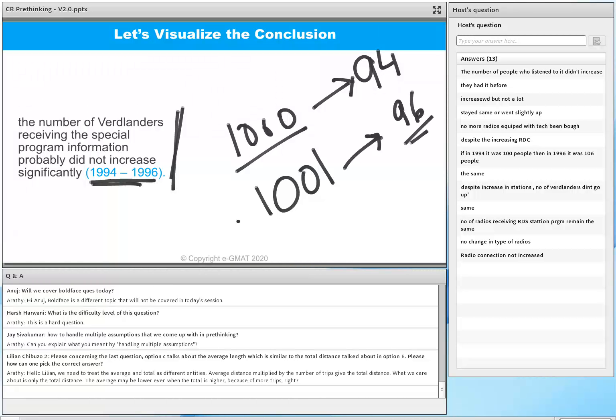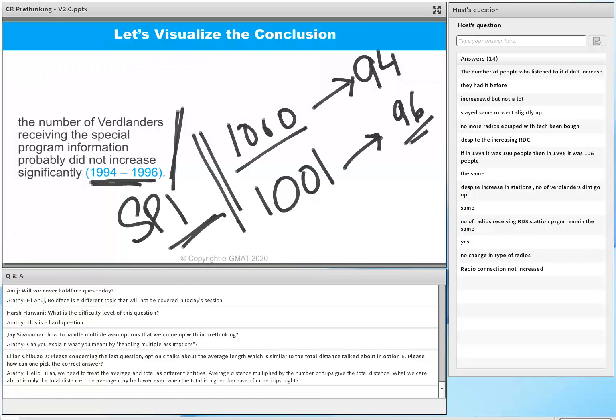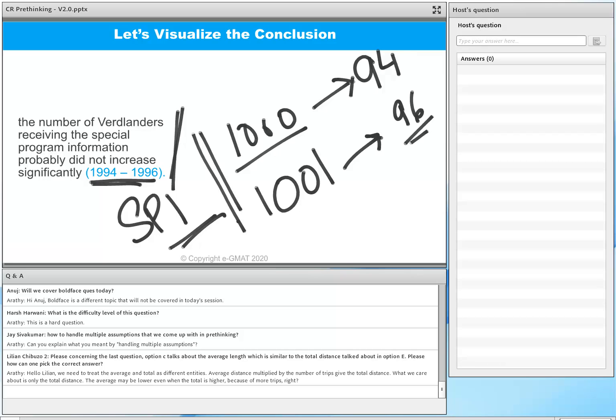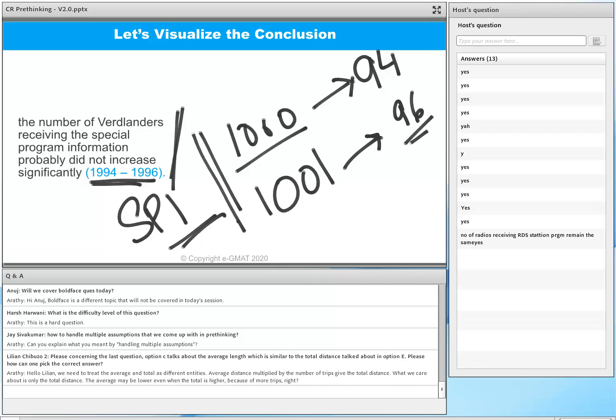This is not talking about the number of radios. This is not talking about the number of stations. This is just saying, just visualize the conclusion. And we are only talking about the people who got this special program information, SPI. Is that clear with regards to the conclusion, this visualization? Right? Now, there are two things over here in this visualization.